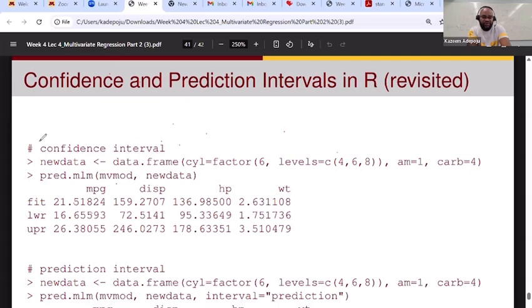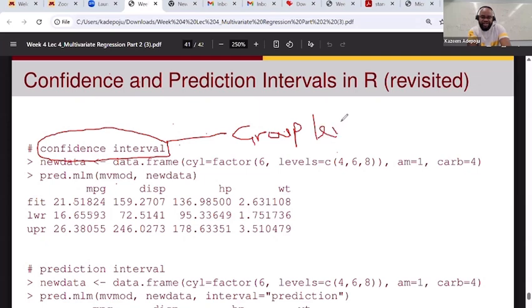This one is for the confidence interval, which I'm having at a group level, the average. It is the interval for the average prediction for each of the response variables.